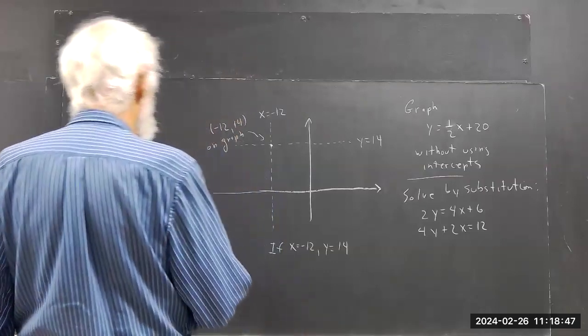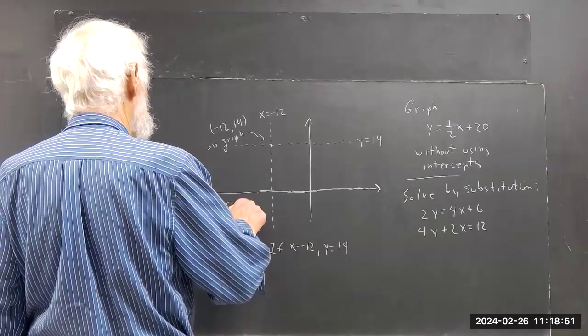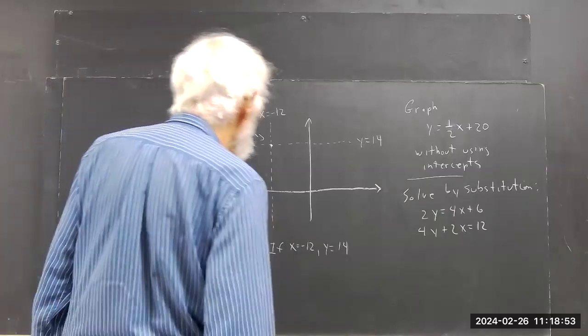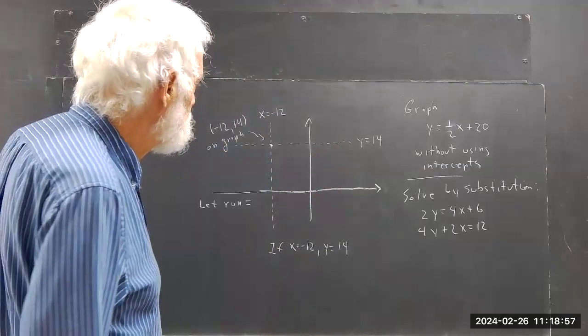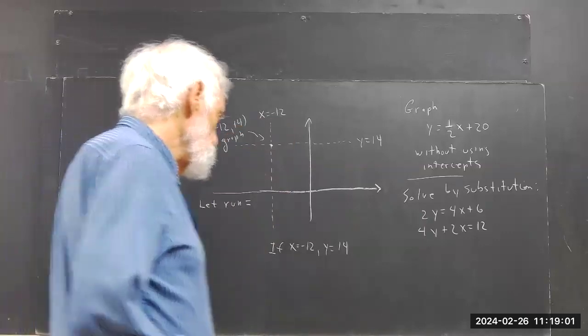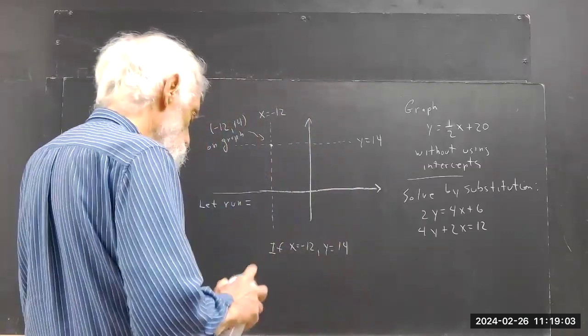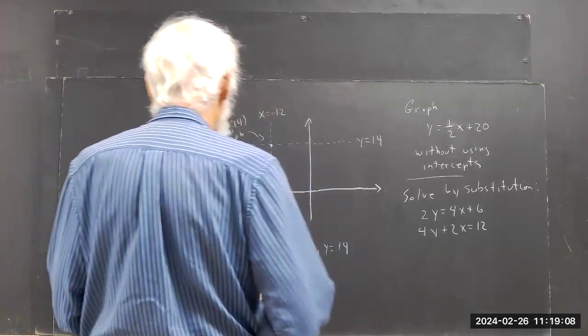Okay, so let the run equal what? Well, the slope is 1/2. I don't have equal scales here. Matter of fact, maybe I ought to make the scales look kind of equal. We're going to get a more intuitive picture out of that.